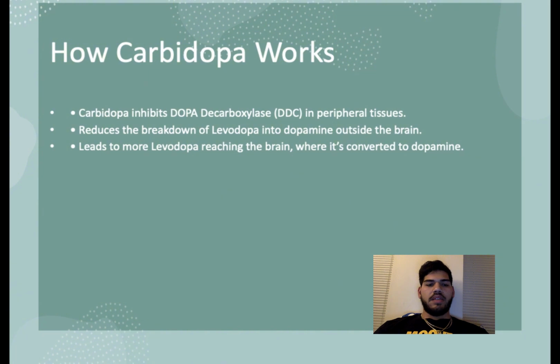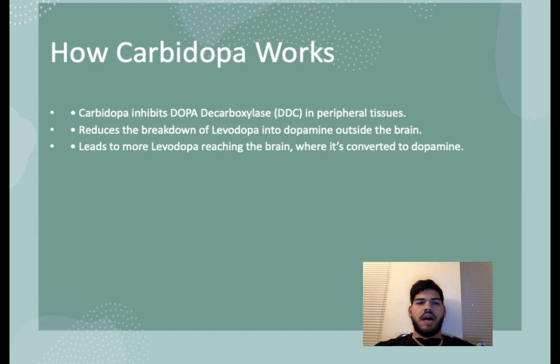When carbidopa is combined with levodopa, it leads to greater dopamine availability in the brain, improving symptoms of Parkinson's and reducing side effects. This combination is a core part of Parkinson's treatment.